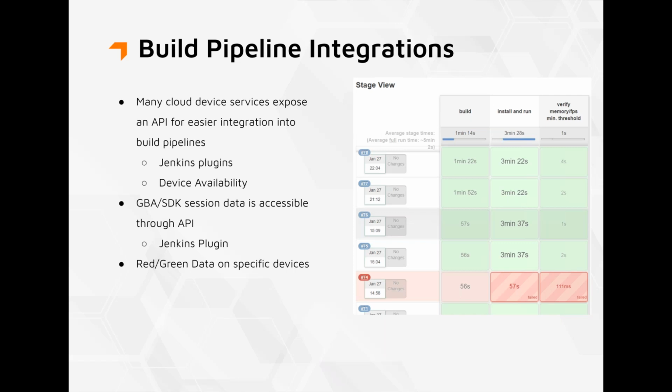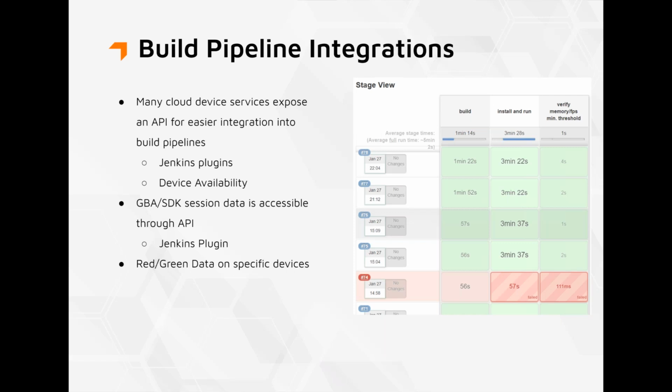And two, if they do have access to the device, you may be competing with dozens or hundreds or thousands of other developers to test. So in a build pipeline, which should be a very quick turnaround on whether or not something is red or green, that is a factor with the cloud platforms that you have to kind of build into your strategy around device testing.